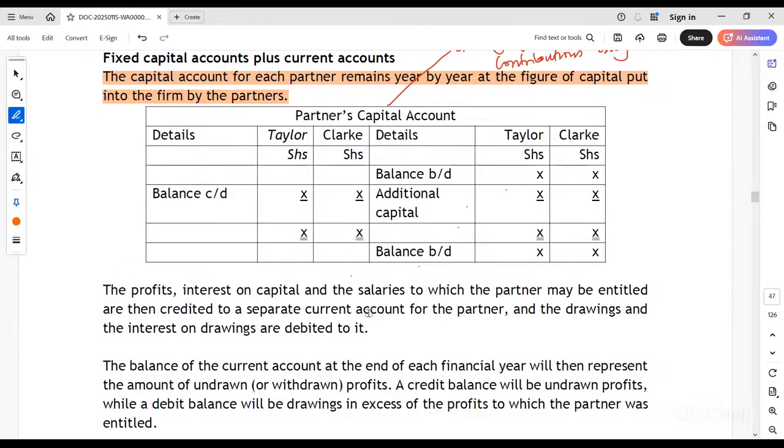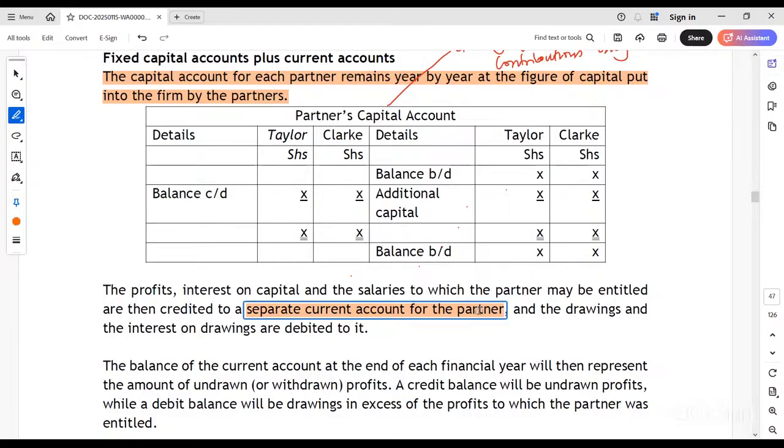So there will be a current account that is to be prepared also. The drawings and the interest on drawings are debited to it. So you see, under this approach, the partners will maintain two different accounts.